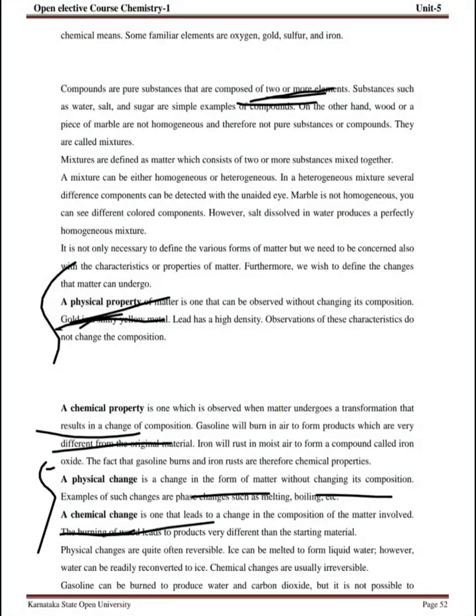And for the matter which undergoes changes, it is important to realize that in an ordinary chemical reaction, matter cannot be created or destroyed. It can be converted from one form to another form. That is the fundamental law of conservation.